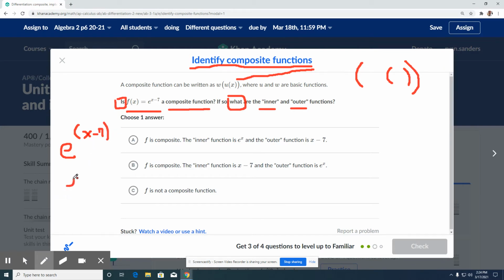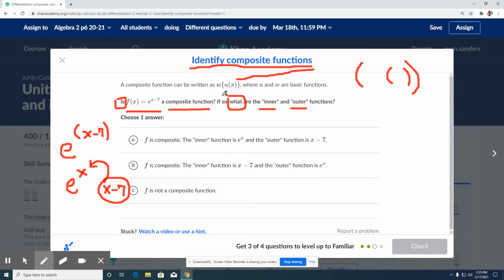So we have an e to the x function, and we have an x minus 7 function. And this x minus 7 is in the exponent. So this one would be the innermost function, and this one would be the outermost function.